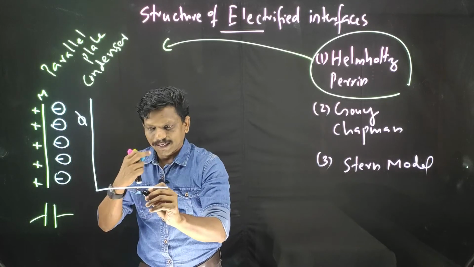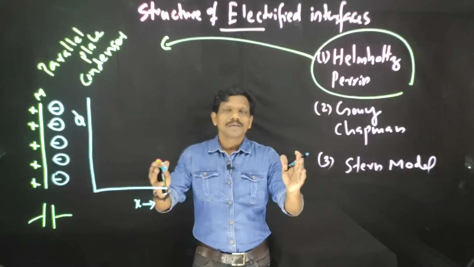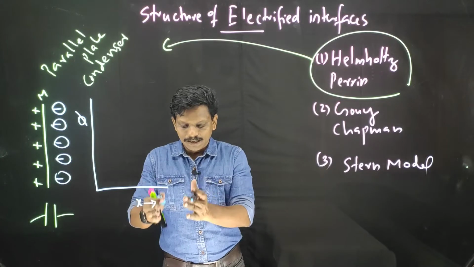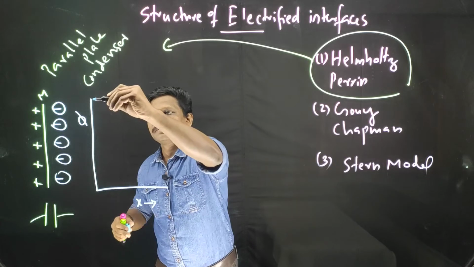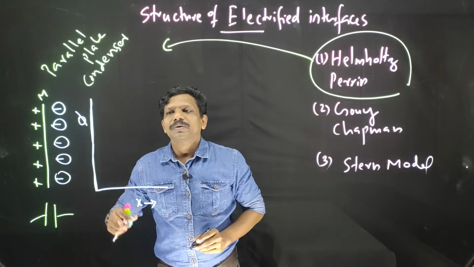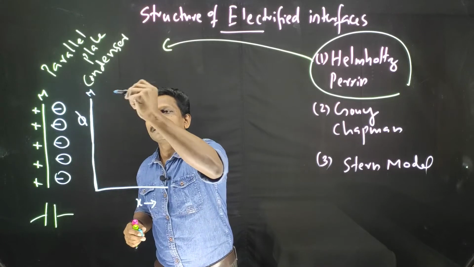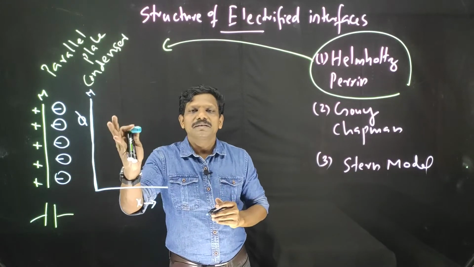This is the potential axis, and x is the distance from the electrode. Suppose you are considering an electrode and solution. This axis, the y axis, you can consider as the electrode, and this part is the solution.